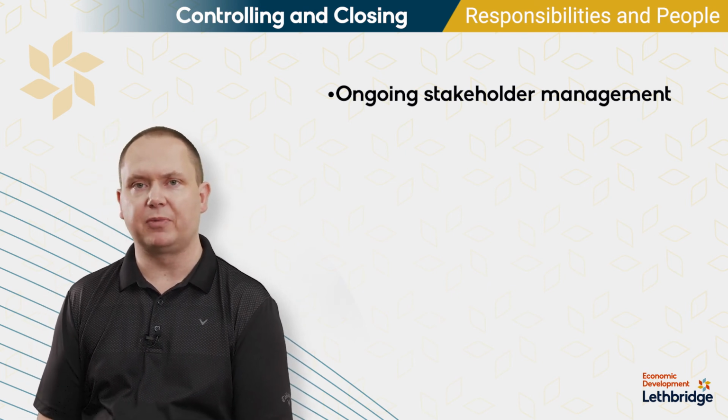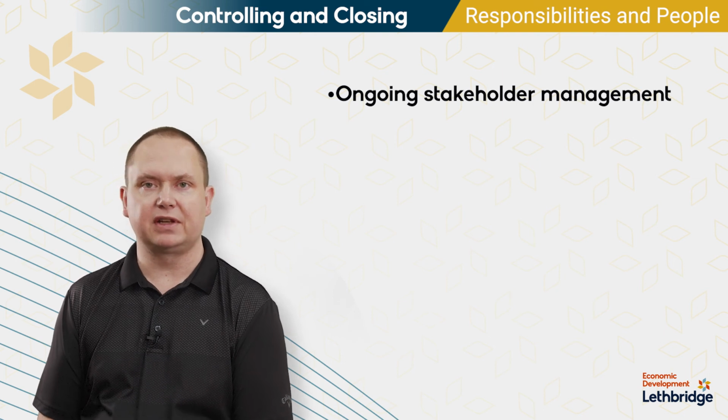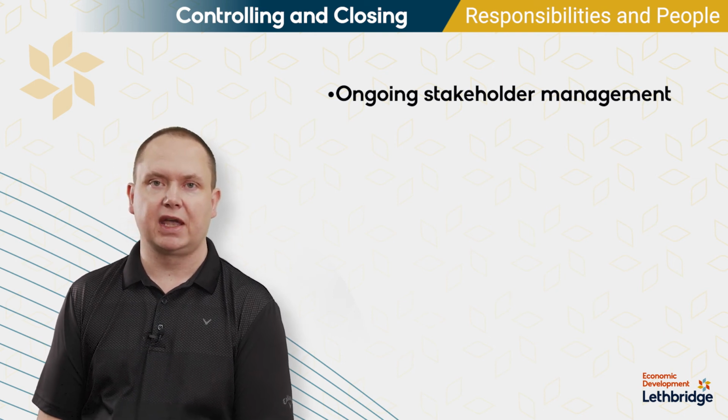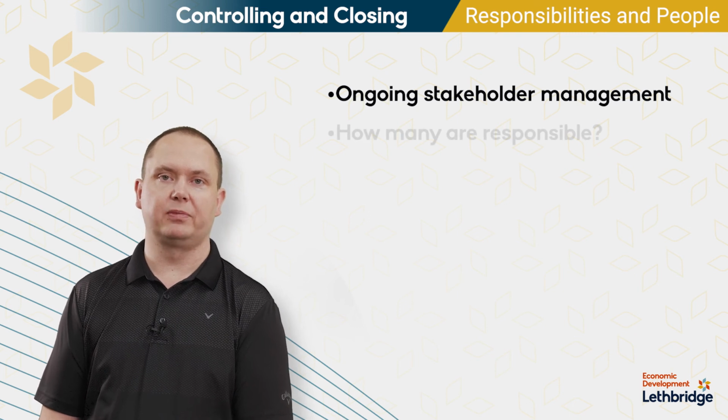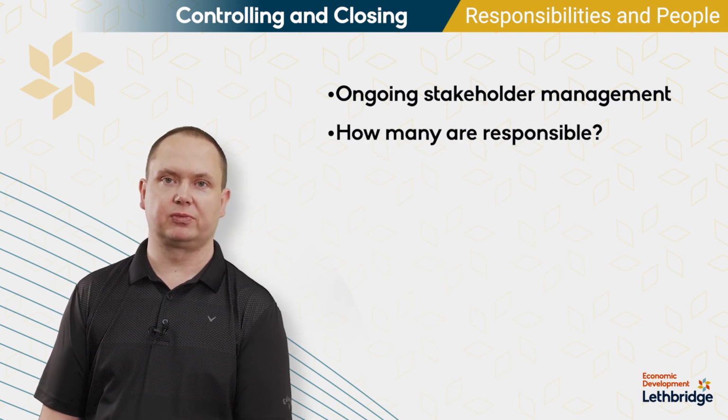As it relates to people and managing the project, I've said it before and I'll say it again, anytime you're assigning somebody or you've got a responsibility column, whether it's a risk register, whether it's work packages, whatever the case might be, really try to assign one person as the responsible person.